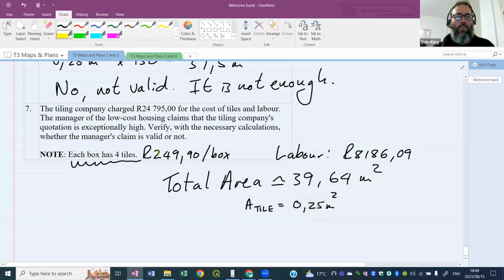We know that it's 249 Rand 90 for a box of tiles, and there are 4 tiles in each box. To work out the total cost of the job, we also have to add on the labor. So not just the cost of the tiles, but the cost for the labor as well. And we're comparing it to this person saying it's going to cost 24,795. Is it going to cost that, or is it not? That's what we're trying to check.